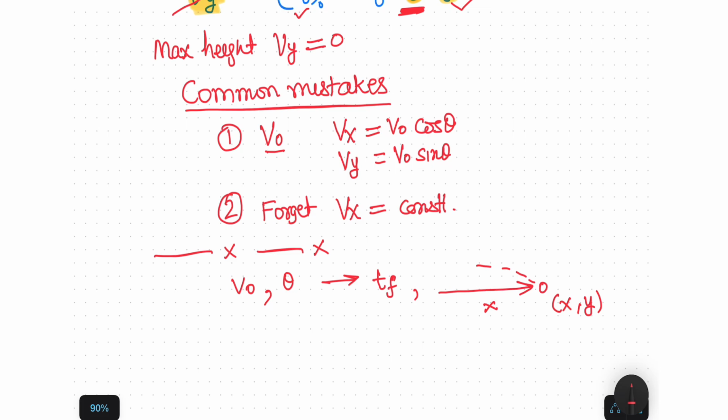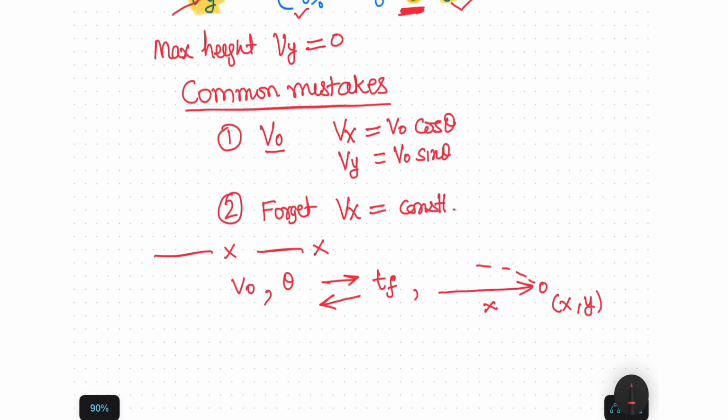We also have problems vice versa, in which case we have to find the initial speed or theta.